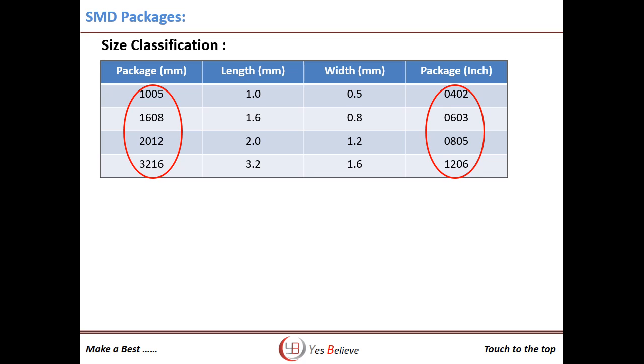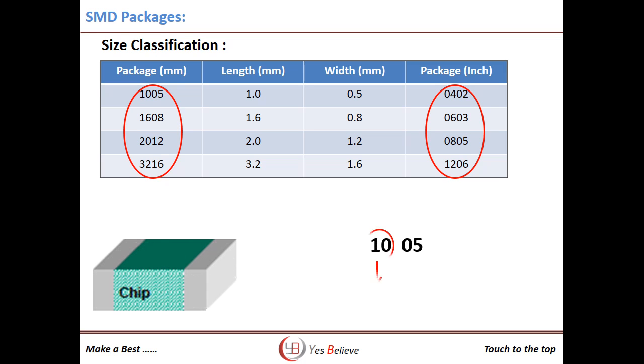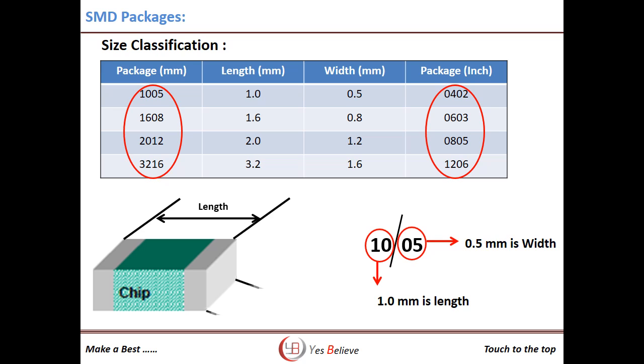The minimum size used in India till now is 1005, but in smartphones 0603 sizes are also used. From the package size, you can recognize the component size. For example, a 1005 size package component has 1.0 mm length and 0.5 mm width.